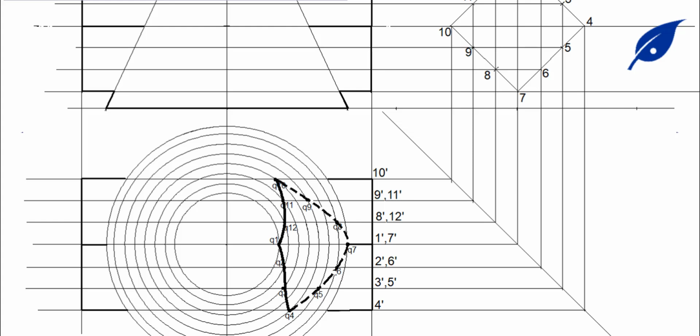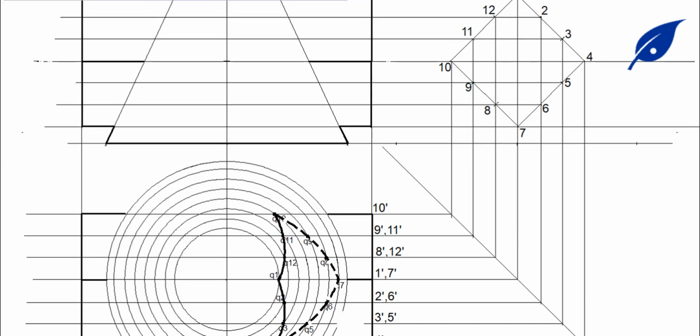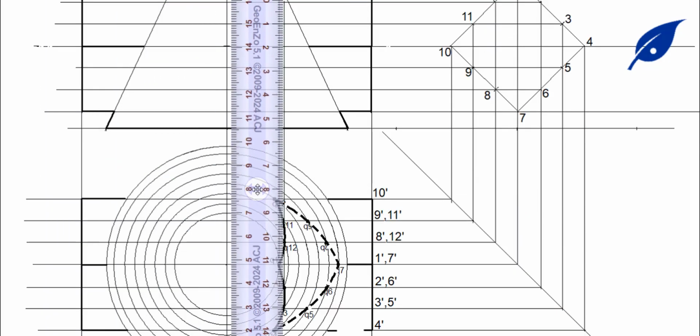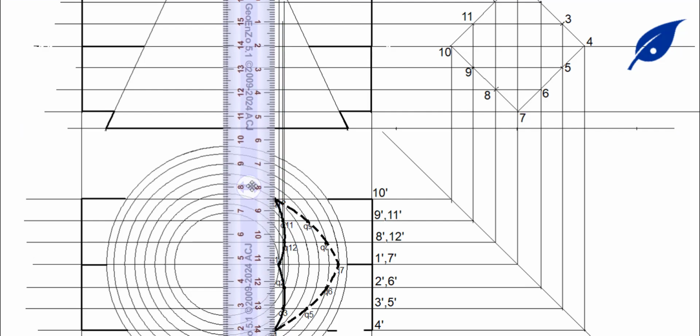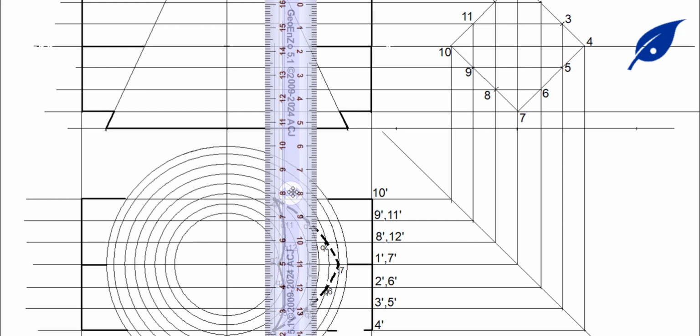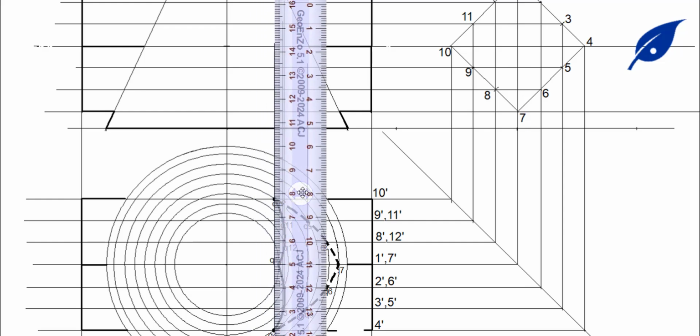Then from the points Q4 to Q7 and Q10 to Q7, they are hidden, so that's why we have them as dash. Now at this point, we project those points up to the front view, so that we'll get our curve of intersection where they meet in the front view, as it is obtained in the top view.